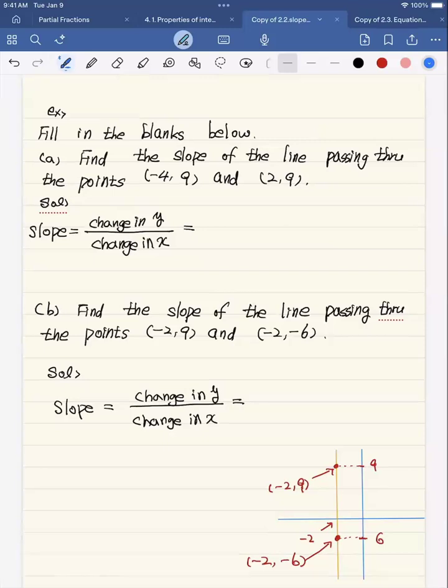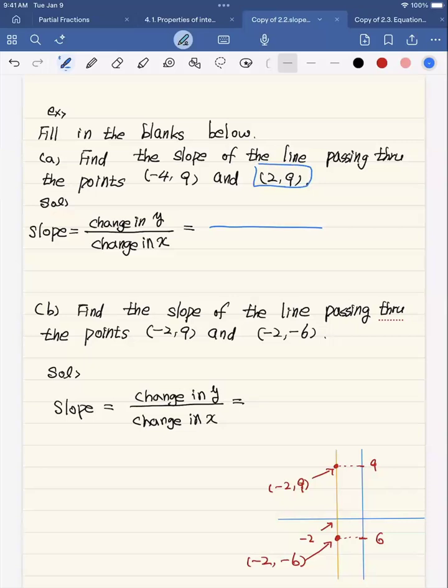The next problem is find the slope of the line passing through the points -4 and 9 and 2 and 9. We have to think about changing y and changing x. As I said, we have to be consistent.